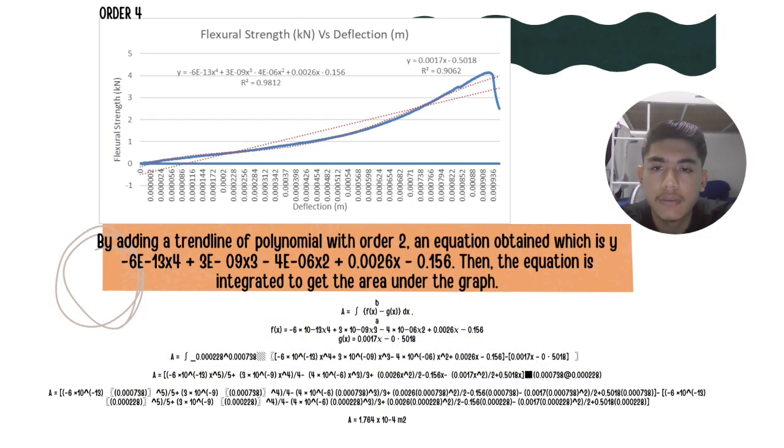This is our fourth order. Same, we have the graph here. By adding a trend line of polynomial with order 4, an equation is obtained, which is y equals minus 6e minus 13 x to the power of 4, plus 3e minus 09 x cubed, minus 4e minus 06 x squared, plus 0.0026 x, minus 0.156.